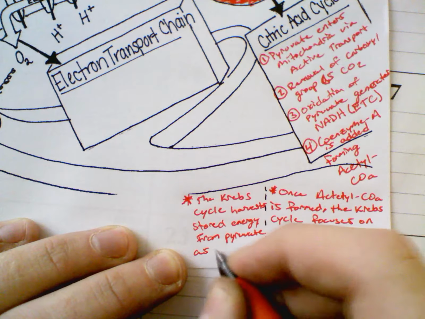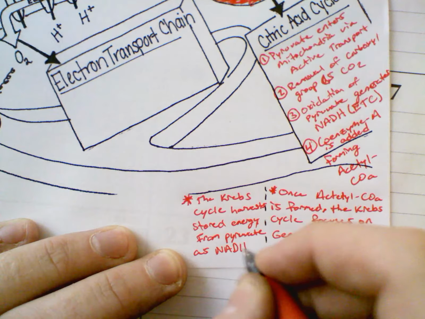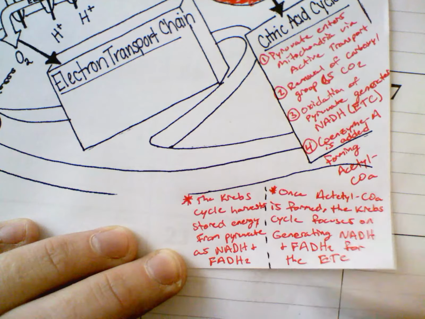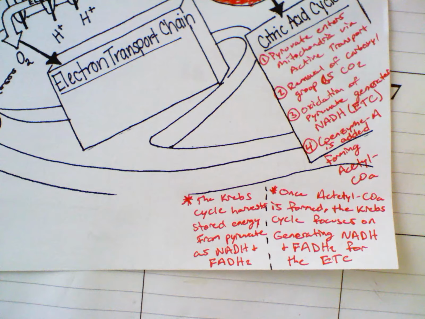And it does so as NADH and FADH2. So we're bleeding this pyruvate dry. We're taking all of the free energy out of this thing by harvesting its electrons. Does this make sense so far? All right.